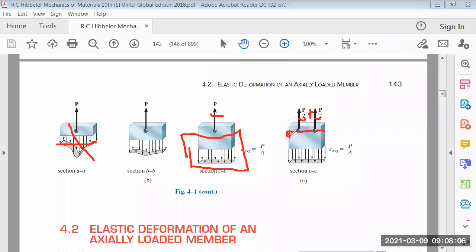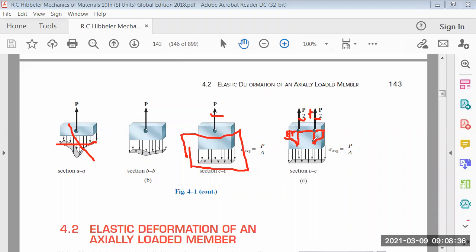From least, this is max, and this is probably getting down a bit. Okay, this is wrong. So the stress distribution is like this. But we still consider the stress distribution to be uniform, based on Saint Venant's principle.